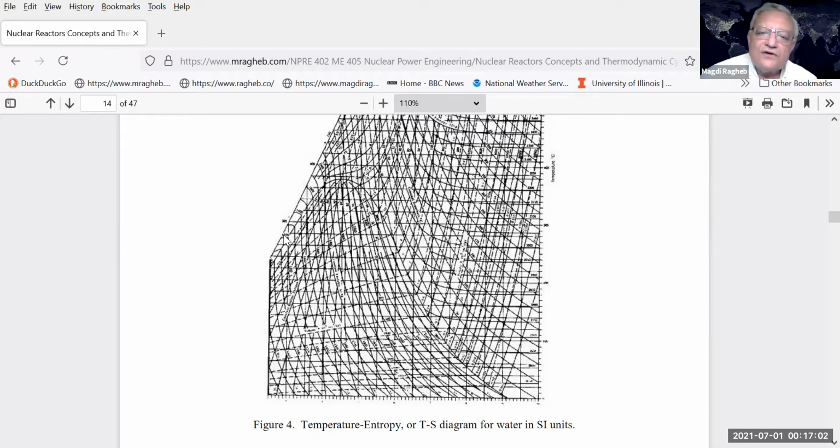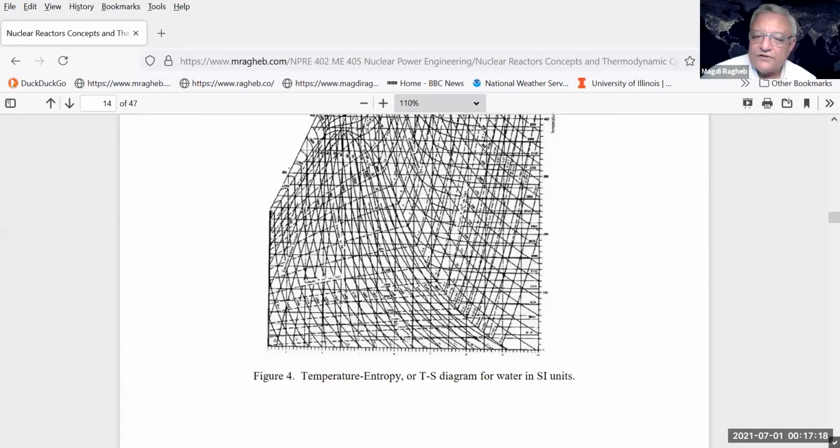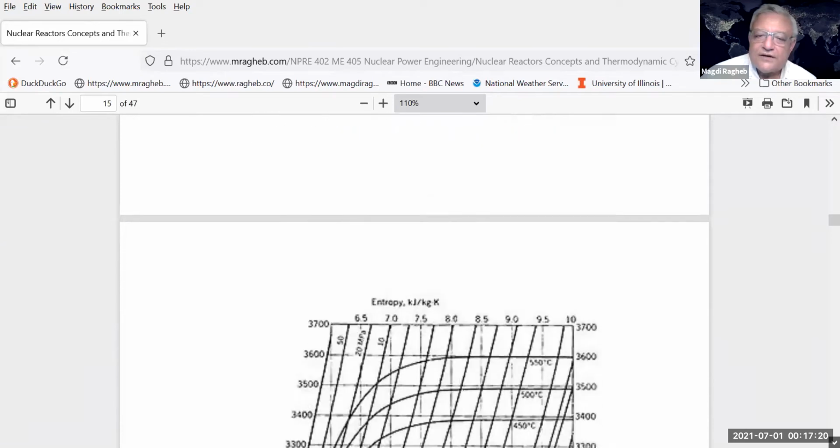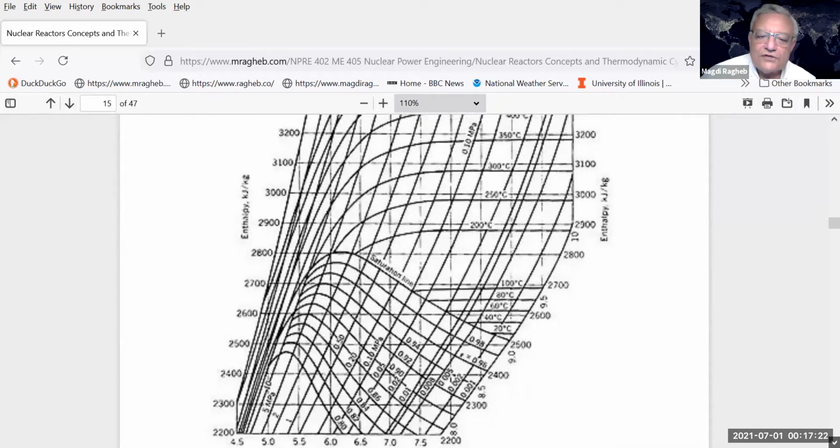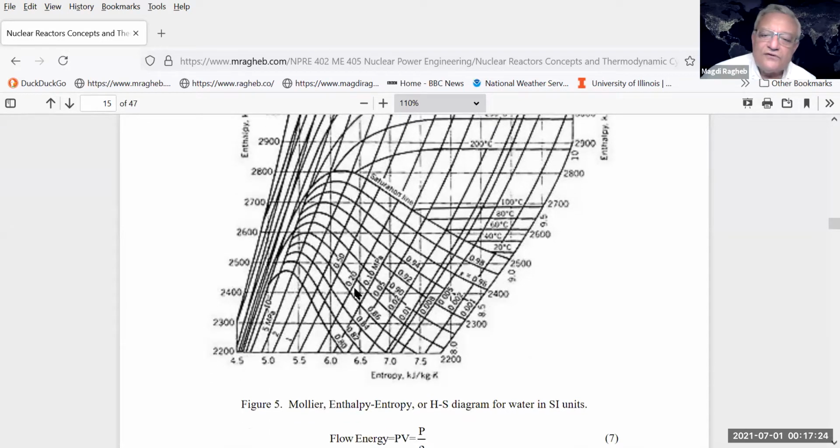On that side, you'd have only a liquid. On that side, it's all steam or a gas. And this is what we call the critical point. Above that point, the working fluid like water would be fully in the form of gas. We use that diagram for the design of thermal systems in general, the TS diagram, or the Mollier chart, which is now an enthalpy against entropy diagram.